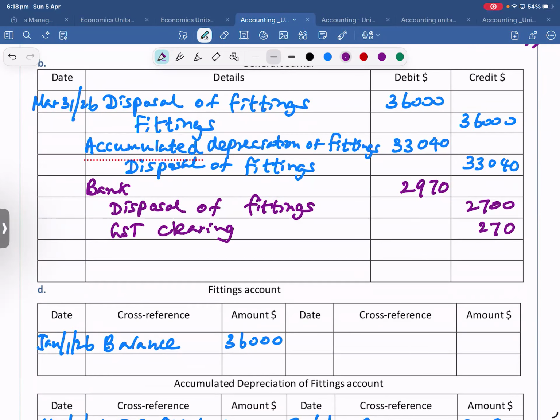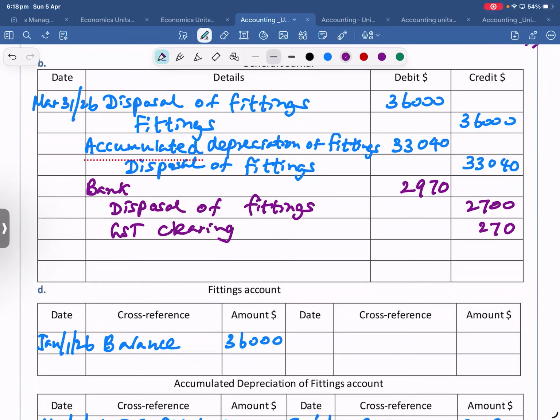Right. Now the question: have we made a profit or a loss? Loss. How much? How do we calculate it, guys? Look at this.